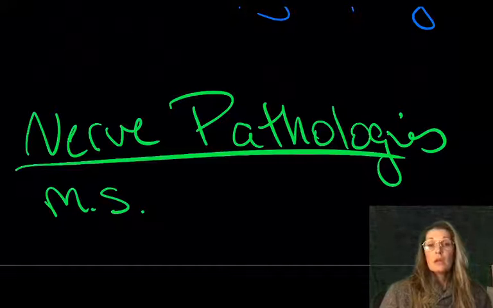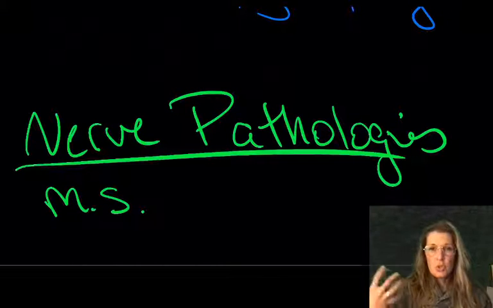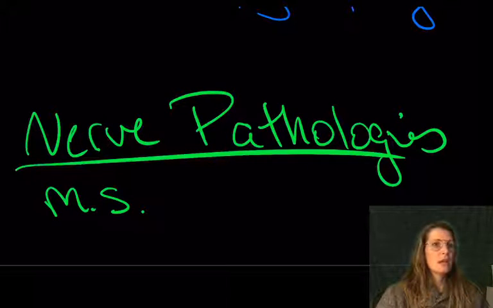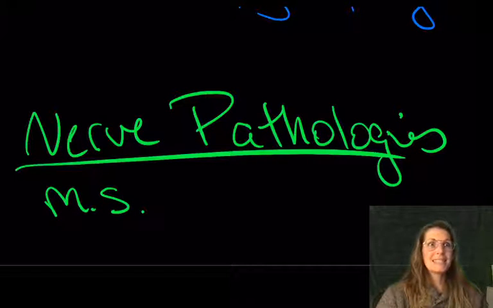Okay, so this can kind of be visualized with some nerve pathologies, and I have a kind of a cool visual that I'm going to use for this instead of just drawing, because I know my drawings are fantastic.